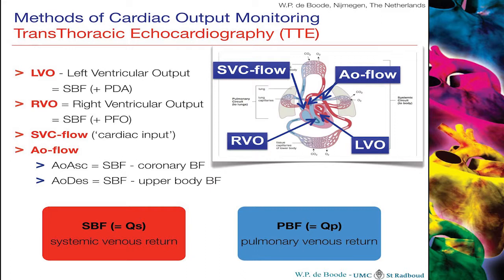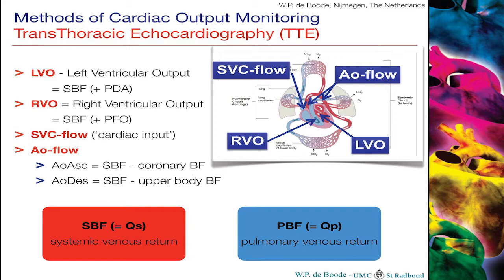So in case of a left ventricle output, you measure systemic blood flow plus the ductal flow when there's presence of a left to right shunt through the ductus arteriosus. The right ventricle output is in fact the systemic blood flow increased if there is an atrial shunt from left to right.